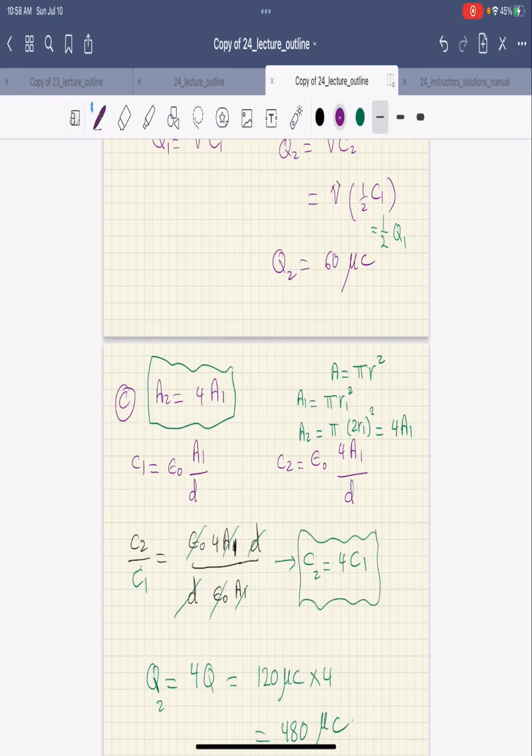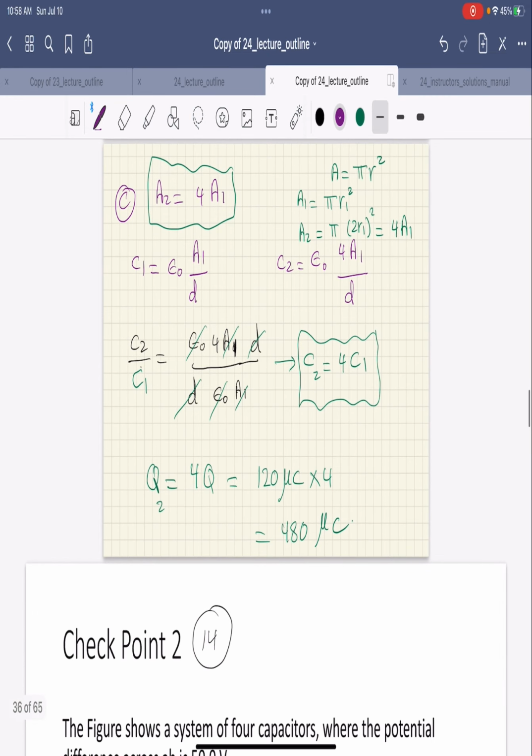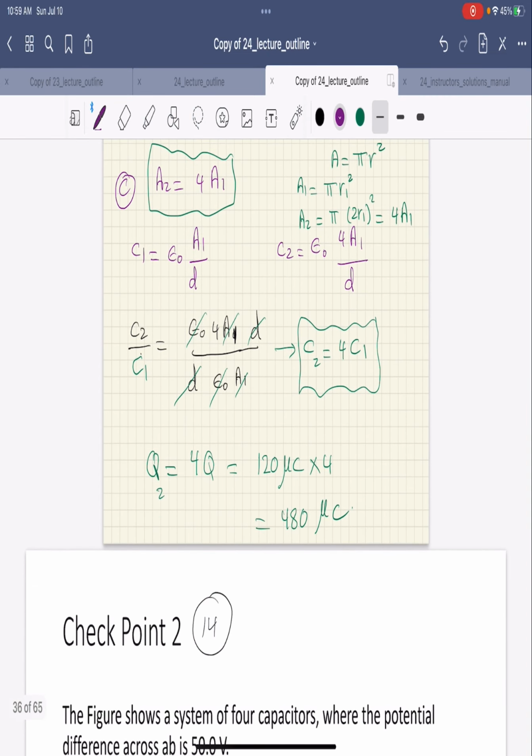Then the capacitance will be 4 times, and therefore since Q equals V times C, Q2 will be 4 times Q1, and that is going to be 120 microcoulombs times 4, which is 480 microcoulombs.